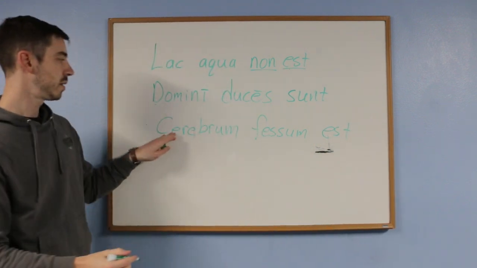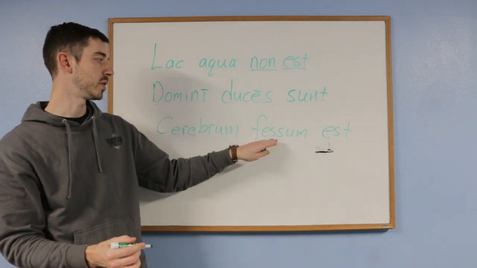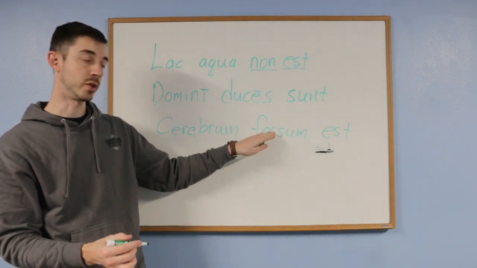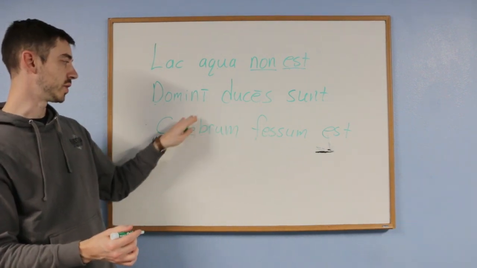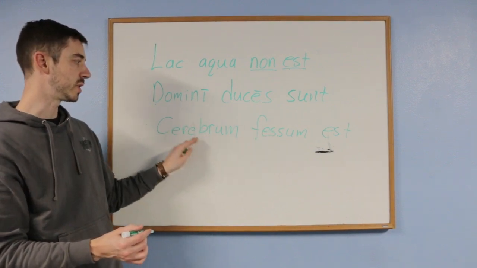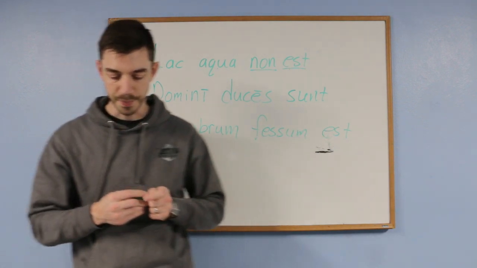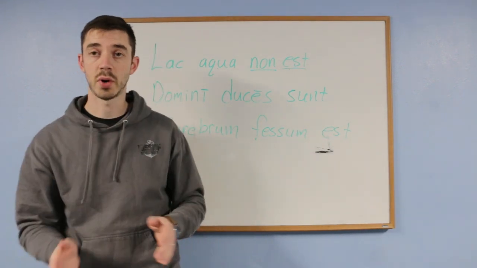The brain, cerebrum, it is tired. So here we have a true adjective describing the subject acting as a predicate. So this is the subject, this is the predicate, and here's the being linking verb connecting them. So you can do the last two on your own.